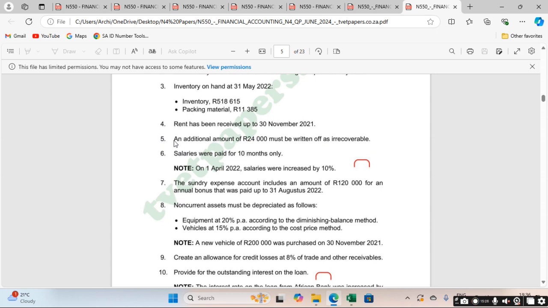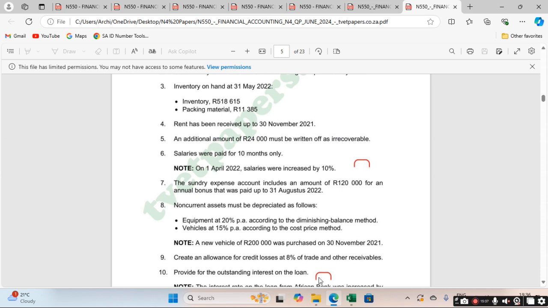Number 5, they're saying an additional amount of 24,000 must be written off. This one is straightforward also. Write off means credit losses. This is going to form part of our credit losses because it's irrecoverable, meaning we won't get that money back.